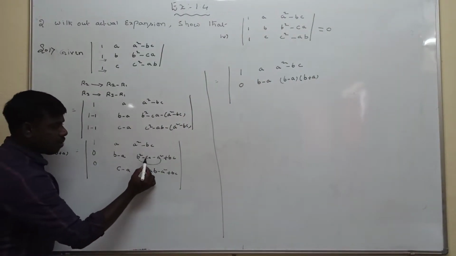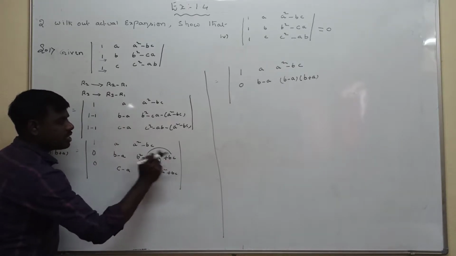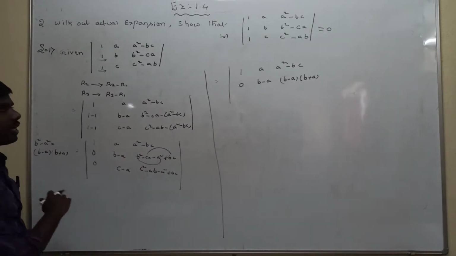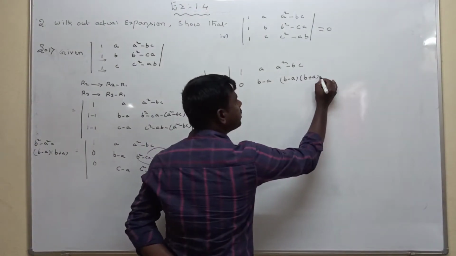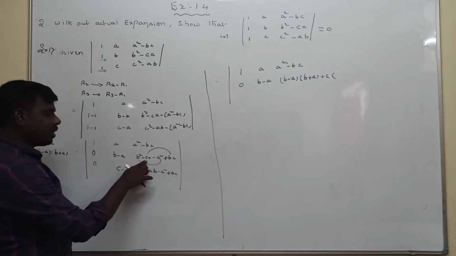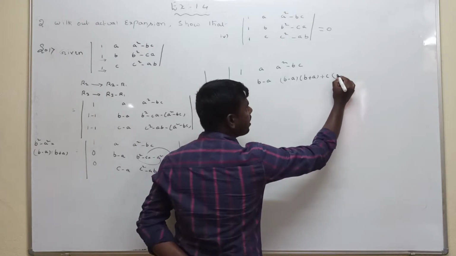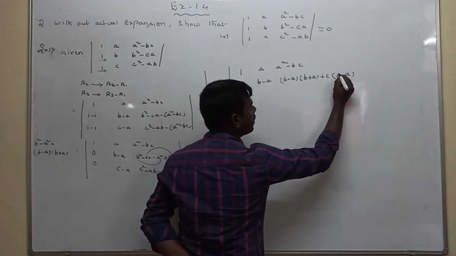Next, after that, minus ca plus bc. In this, what is common? C is common, so I am taking c common outside. What is left of the element here? Minus a plus b, and minus a plus b can be written as b minus a.